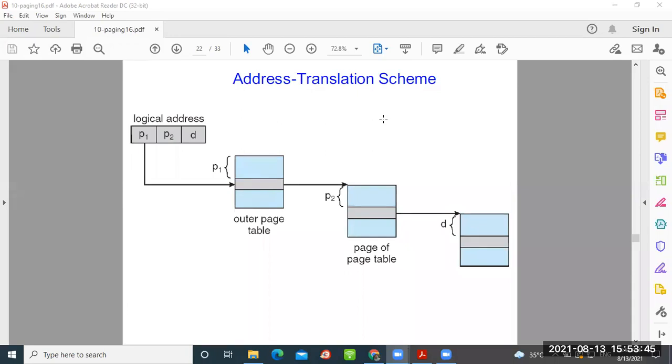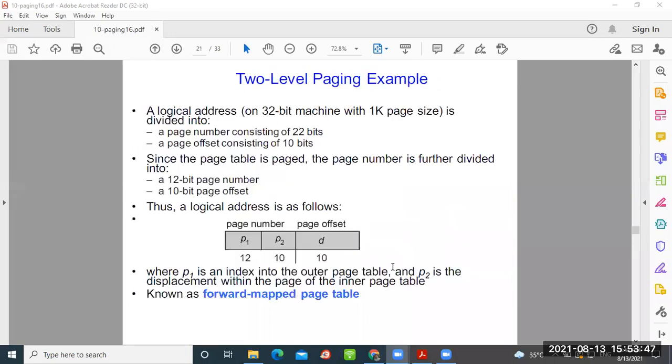Okay, so let's continue. Those who did not join in the previous session, we are discussing two-level paging. The two-level paging concept is very simple. Instead of having one page table, here we will have two different page tables.